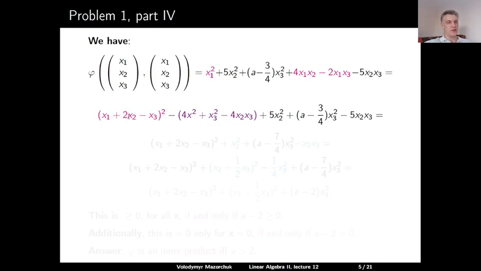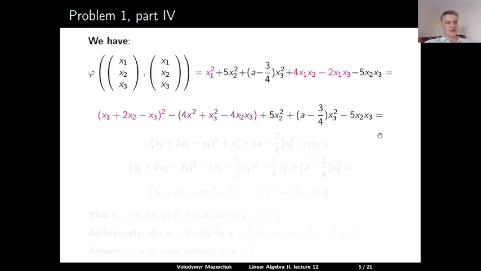One of them is 4x2 squared, so we subtract it. Then x3 squared, we subtract it, and then minus 4x2x3, so we subtract it as well. So now the sum of these two brackets equals exactly the sum of these three summands in this expression.